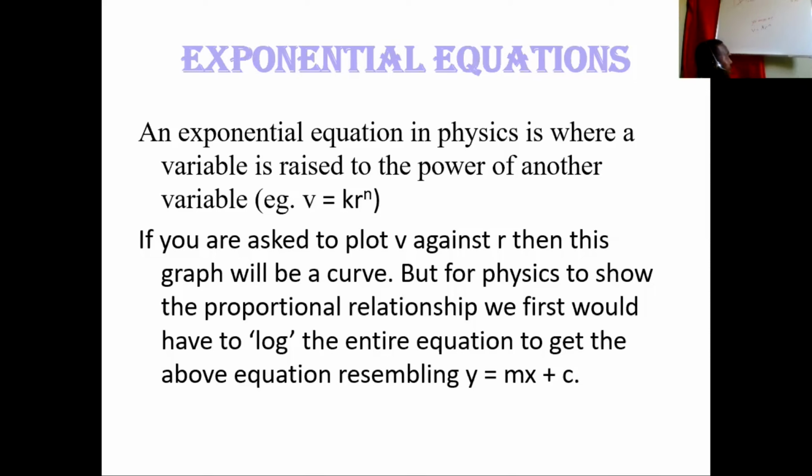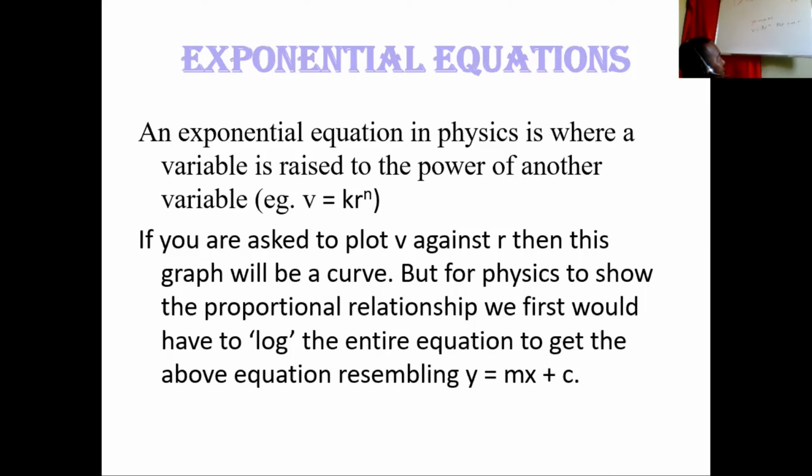So in this case, we would ask you to plot a quantity of v versus r. If we ask you to plot v versus r, we notice that r has a power here, and r represents your x component. There is no power of x in your y equals mx plus c.